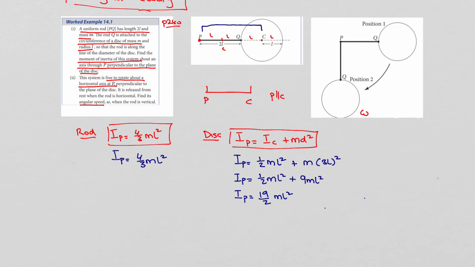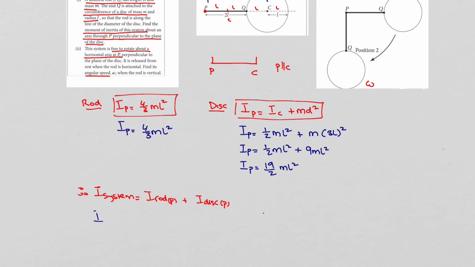So therefore we say the moment of inertia of the system will be the rod plus the disc, and it's the rod through P plus the disc through P. So the moment of inertia of the system through the axis P is 4 over 3 ml squared plus 19 over 2 ml squared.